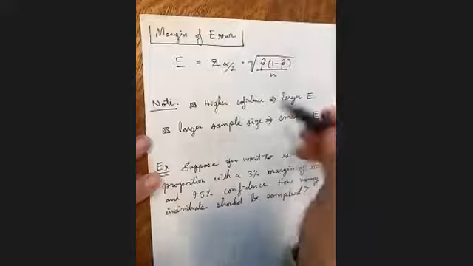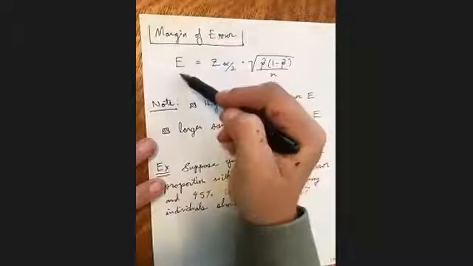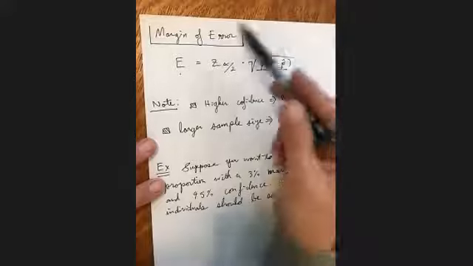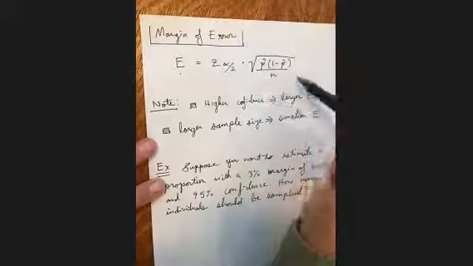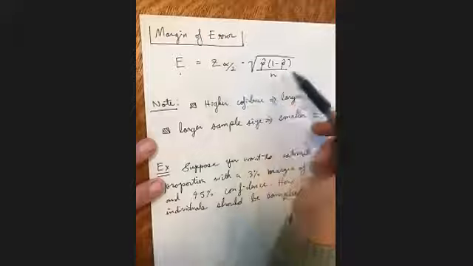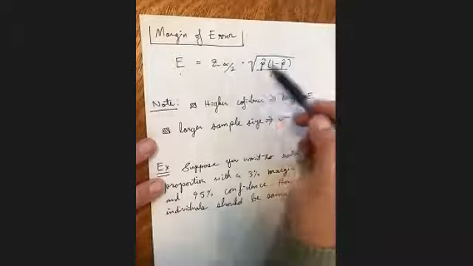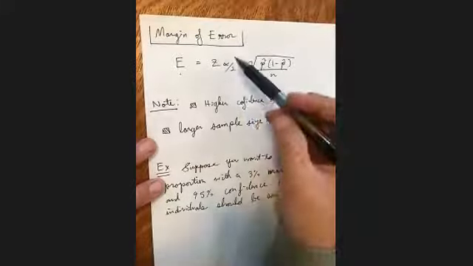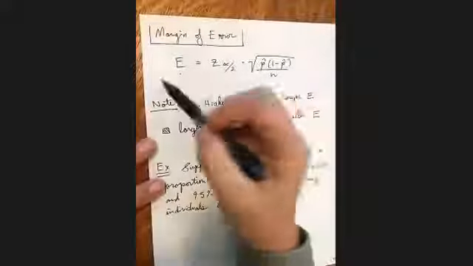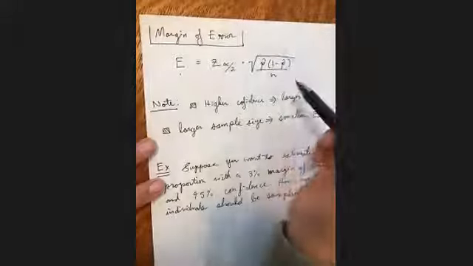The margin of error, big E, is really just that term in the confidence interval that we're adding and subtracting from p hat. It has the critical value and the standard deviation multiplied together. So that's the term that we're subtracting and adding to p hat to construct the interval. And we call that the margin of error.